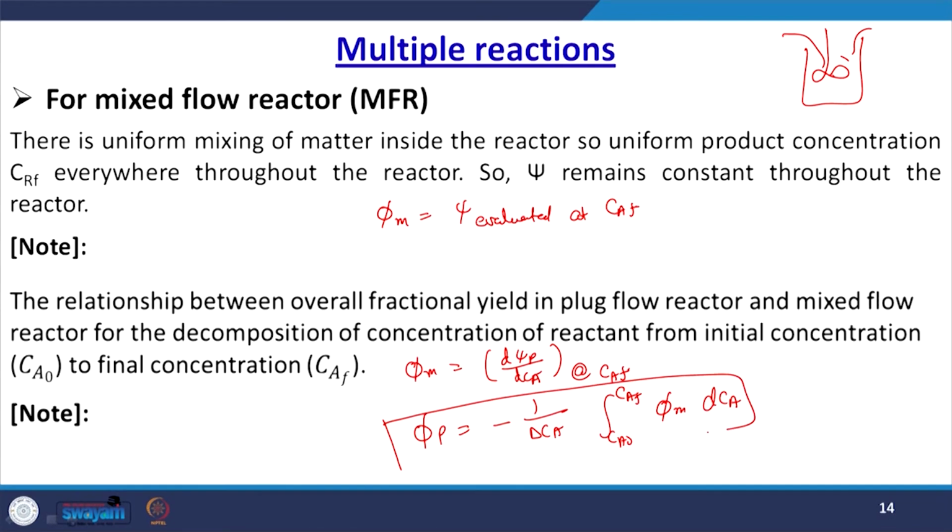So, this is the equation which categorically reflects this particular relationship.